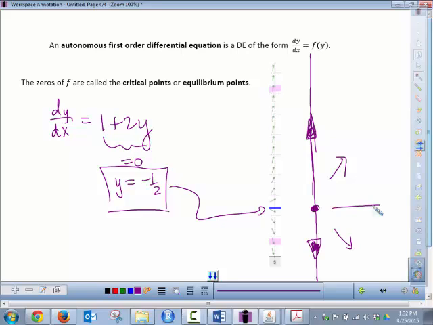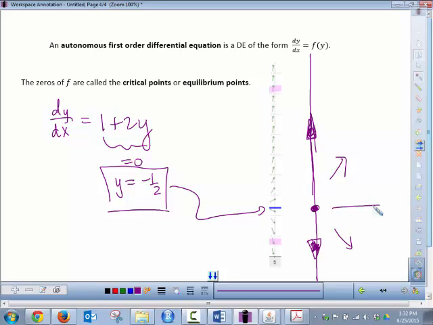Now, equilibrium points have special names. They sometimes are called an attractor or a repeller. Does it look like it's attracting or repelling? Repelling. Looks like all these points are trying to get away from the equilibrium point, right? Okay.